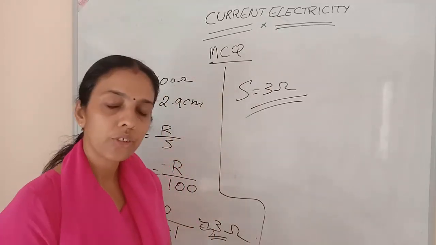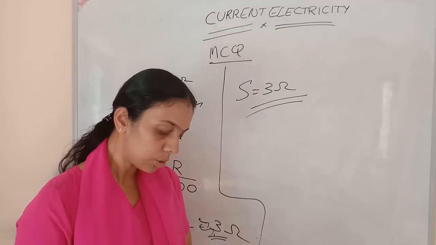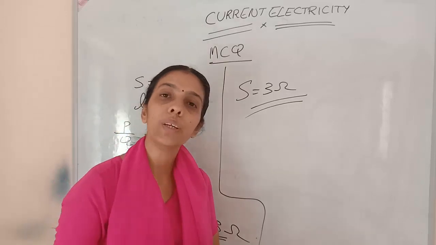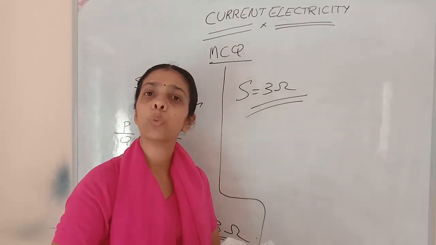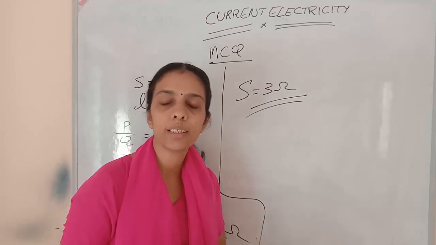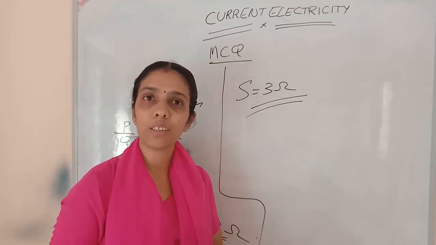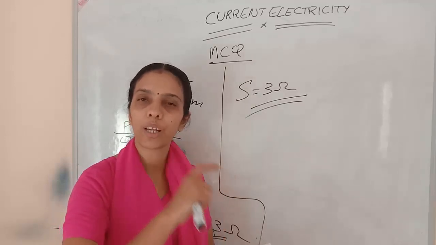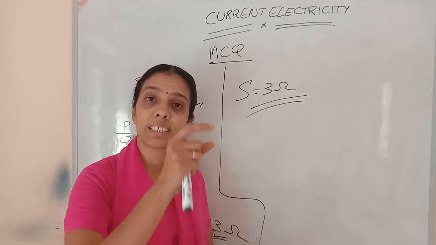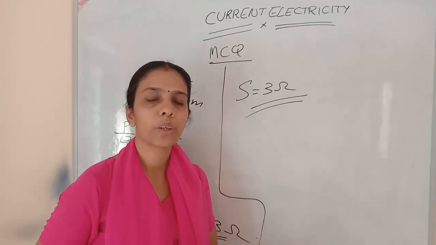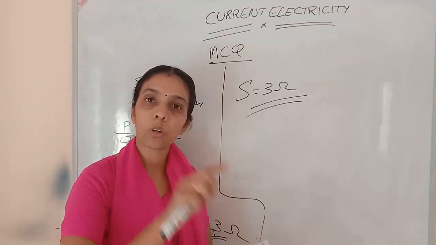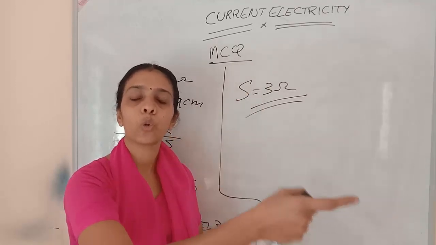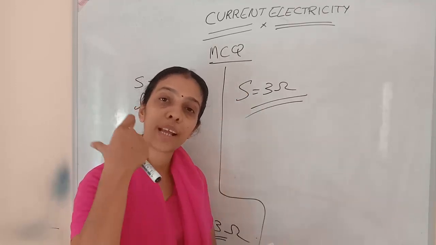Here the question is, two cells of 5 volt and 10 volt are to be accurately compared using a potentiometer of length 400 centimeters. If we need to compare the two voltages, 5 volt and 10 volt, using a 400 centimeter wire, what is the condition for that? The potential drop across the 400 centimeter wire should always be greater than the given EMFs. That means it should exceed 10 volt.